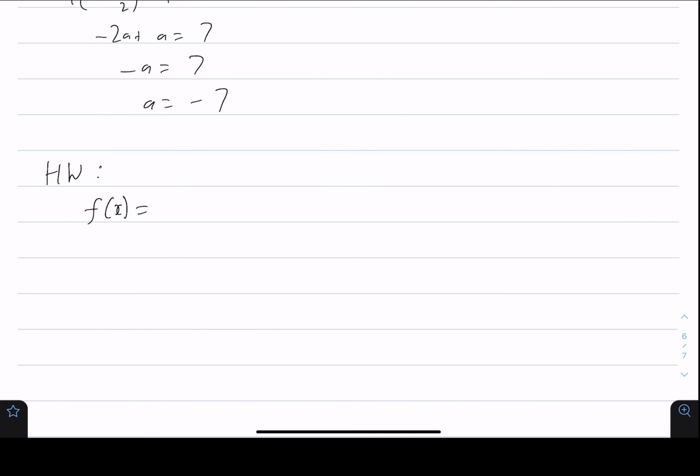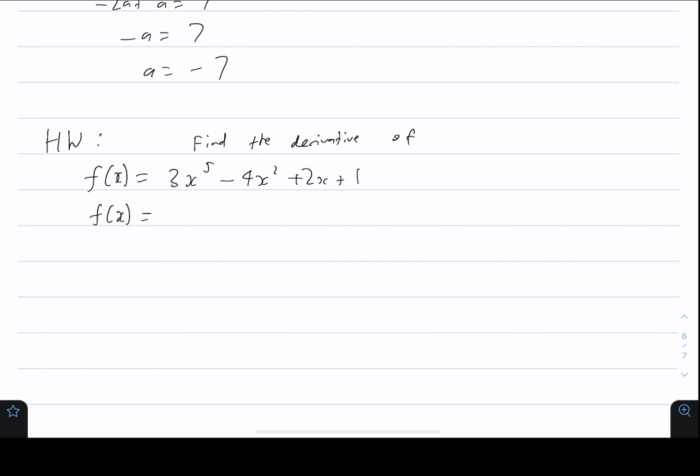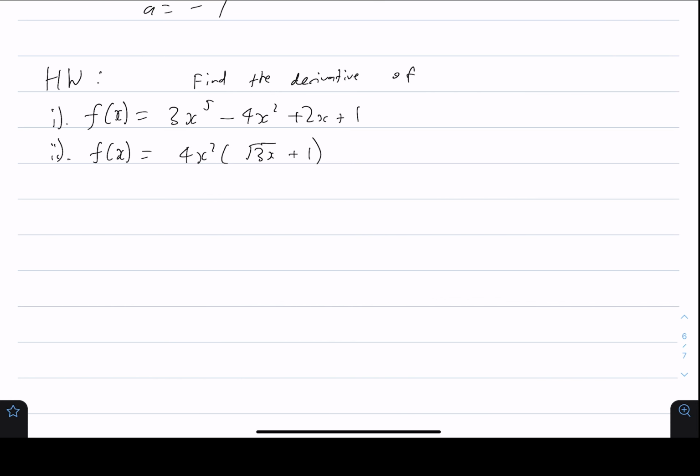Find the derivative of f of x equals 3x to the power 5 minus 4x squared plus 2x plus 1. f of x equals 4x squared outside our root, 3x plus 1, going over 3 and x, this whole thing square rooted.